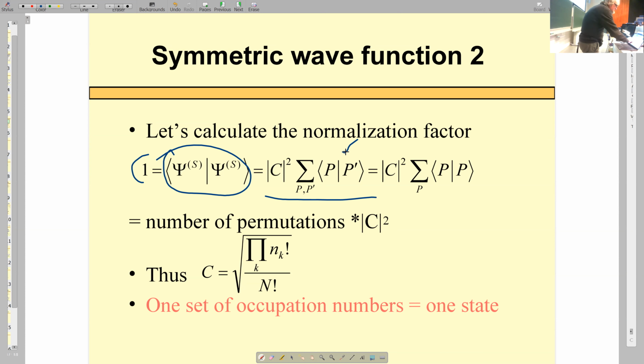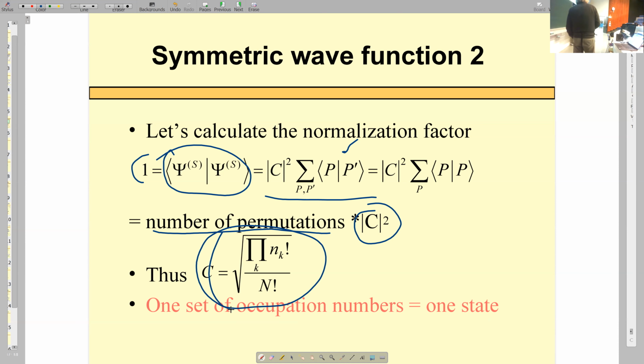So eventually this calculation gives us the number of permutations times c squared. But we have already computed the number of possible permutations when we put particles into boxes, so we just pick up this answer. Here it is.